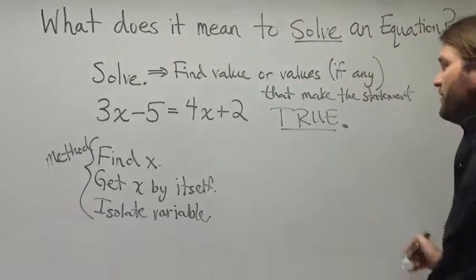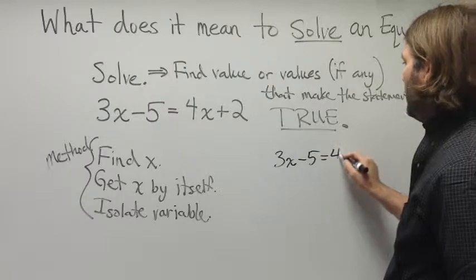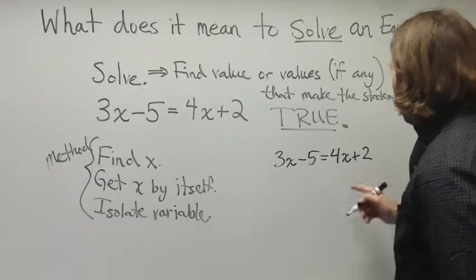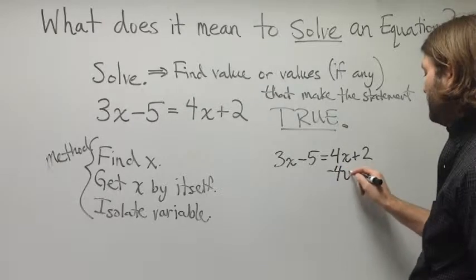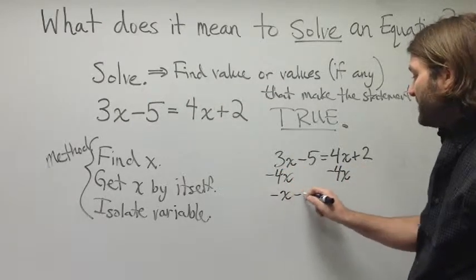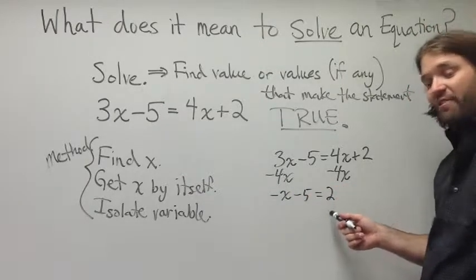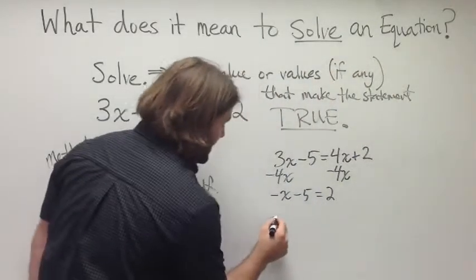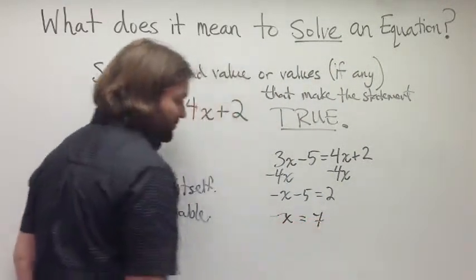If we started out with 3x minus 5 is equal to 4x plus 2, perhaps the first thing we can do is subtract 4x from both sides. That gives us negative x minus 5 is equal to 2. Then we can add 5 to both sides, which would give us negative x is equal to 7.